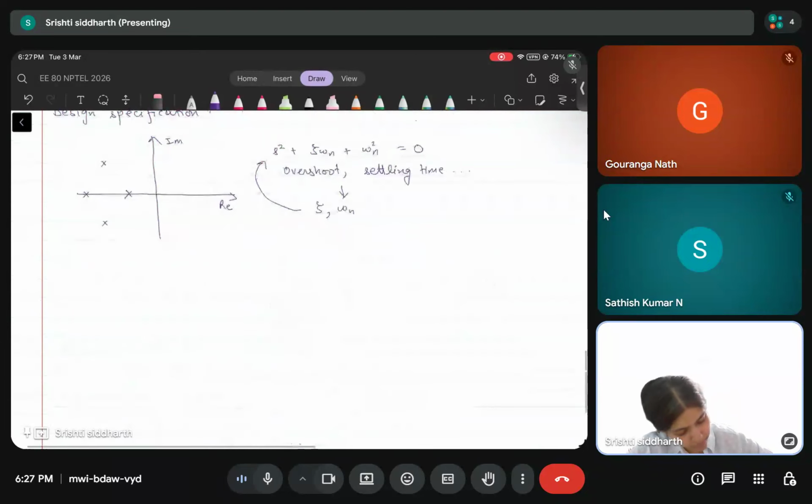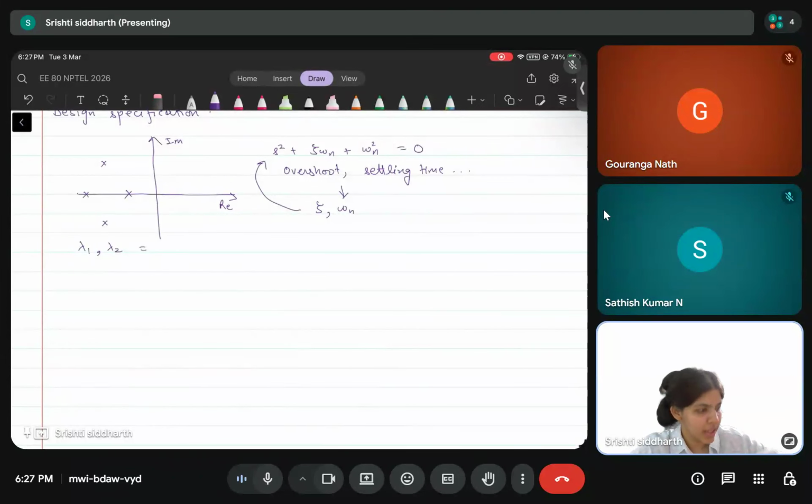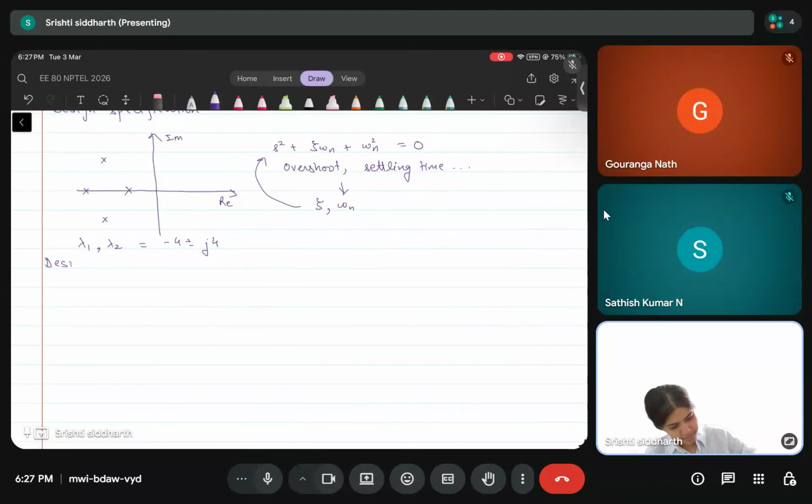Alright, so let's say that we have been given that lambda 1 and lambda 2 are complex. Therefore, they should be in complex conjugate pair. The desired characteristic equation is S plus 4 plus j4 times S plus 4 minus j4.